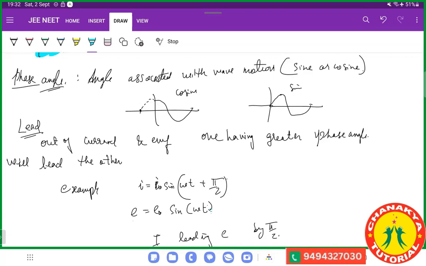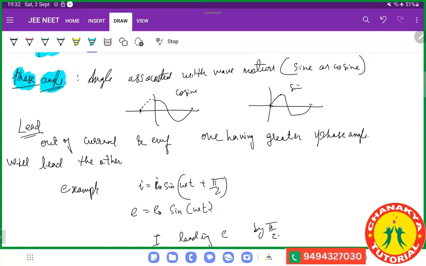I'm planning that if I finish by November, we can do some solid practice, and then practice those things again. Okay, fine. Now let's go for phase angle.